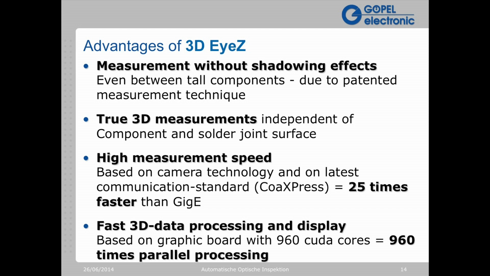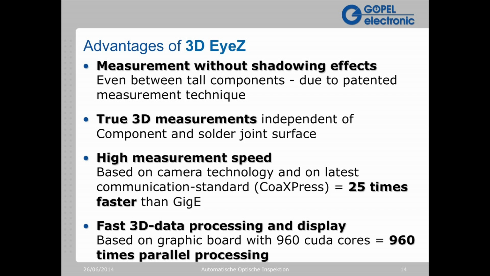And the high measurement speed in this system, which is based on the camera technology and the lens assembly as well as the scanning methodology, is also greatly enhanced by our adoption of the communication standard Coax Express. This communication standard is 25 times faster than GigE, so we gain a great deal of speed in this new system through adoption of the Coax Express.